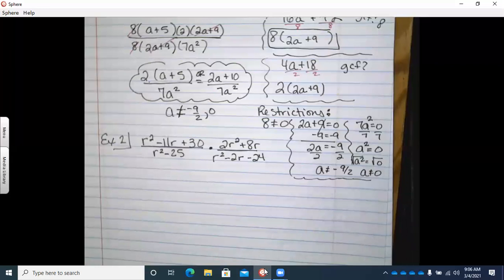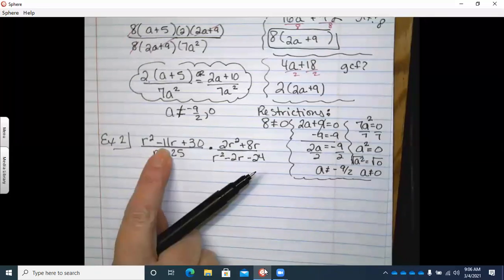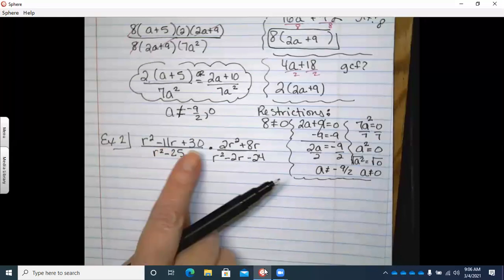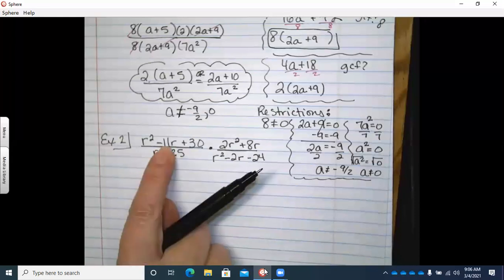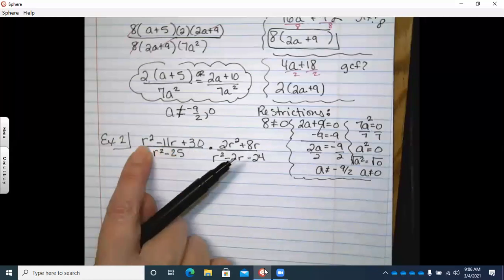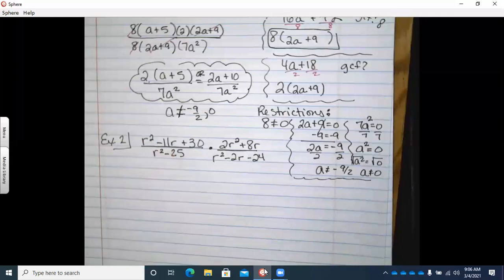Look at the top left numerator. Is that linear or quadratic? Quadratic, because negative 11r is the linear term, but you look at the term with the highest degree. Your highest degree is 2, we call that a quadratic, okay? Quadratics, if they're factorable, that's when we do factor by grouping.